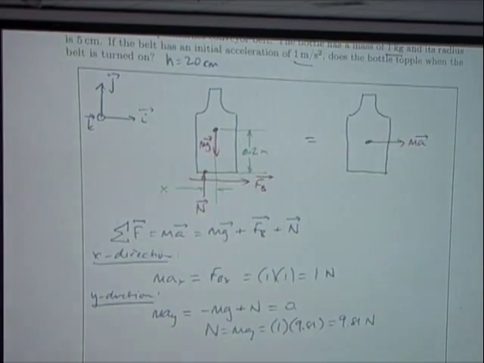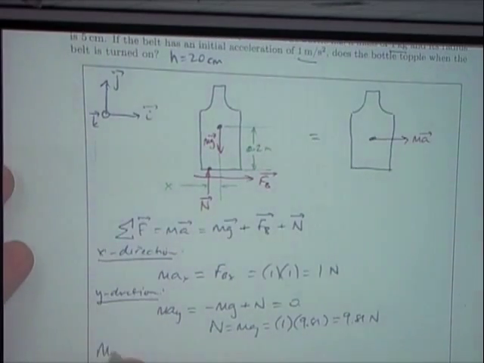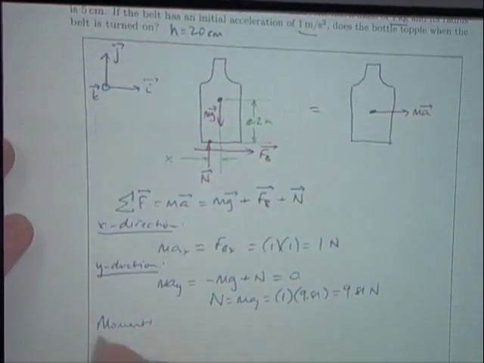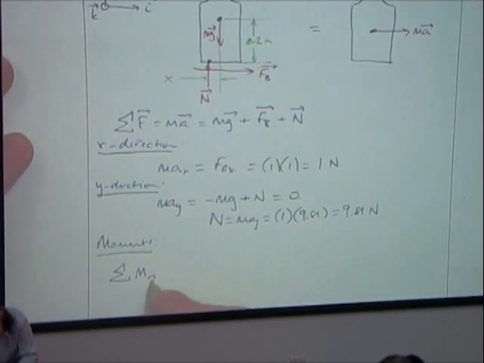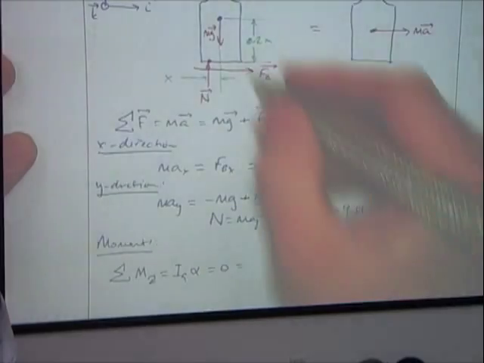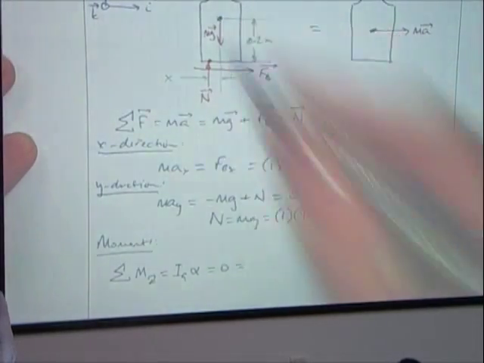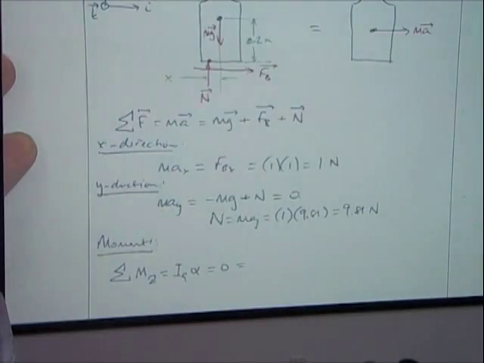So now we can apply the sum of moments. So we said the sum of all the moments in the clockwise direction equals I around the centre of gravity times alpha, which we know is 0, because we're assuming that it's not going to rotate. And the force mg is being applied at the centre of gravity, so there's no moment attached to that.